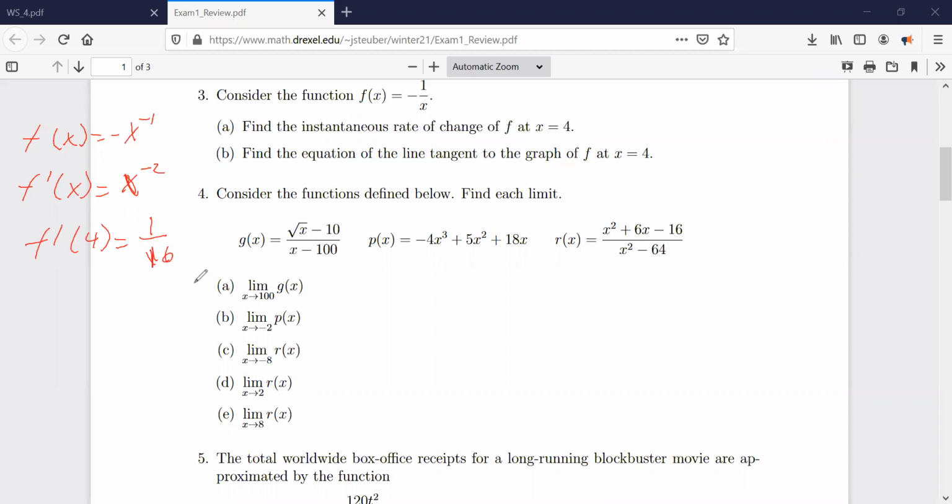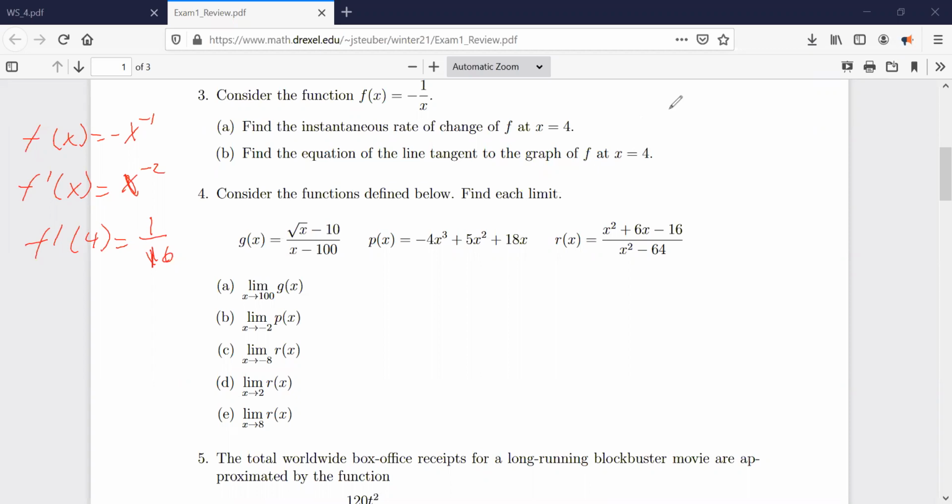Cool. And find the equation of the line that is tangent to the graph of f at x equals 4.